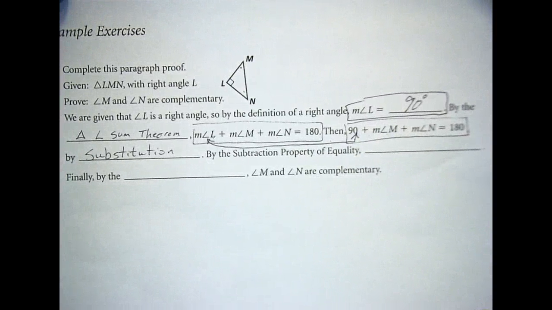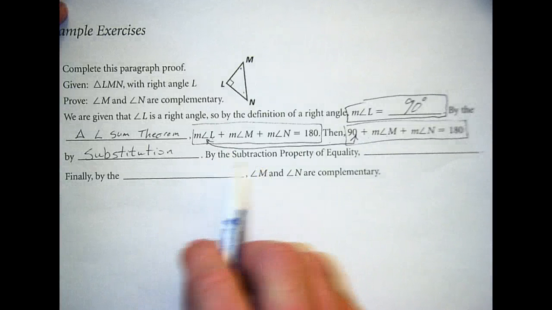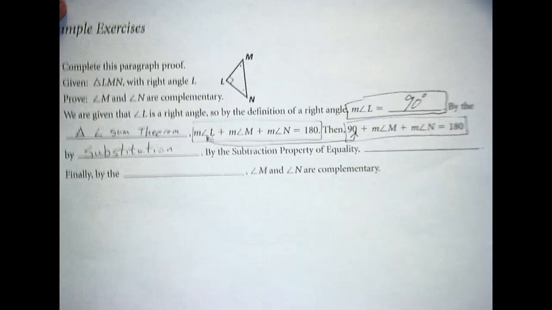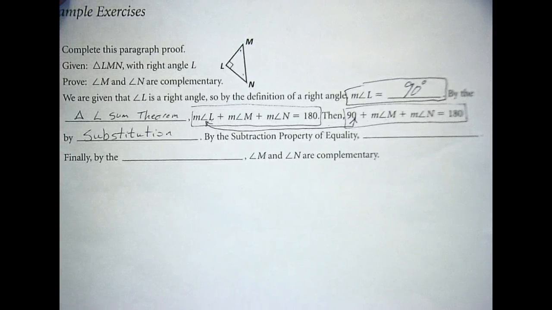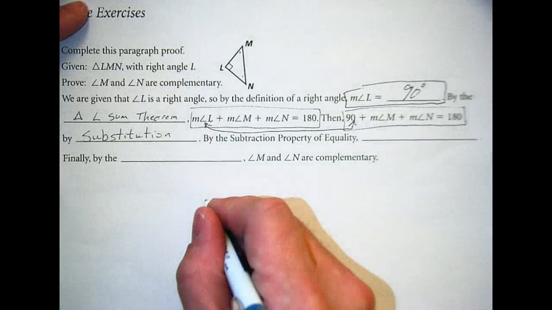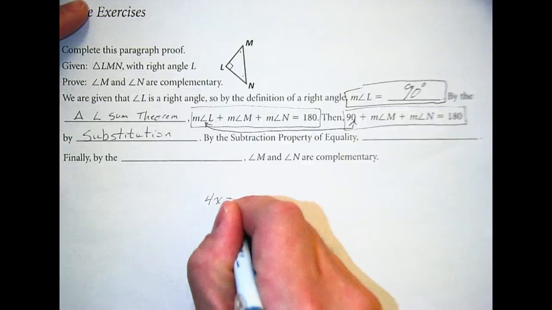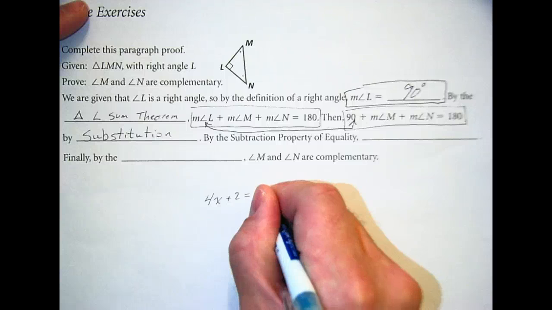Did anyone get substitution there? Good. By the subtraction property of equality. How many know what the subtraction property of equality is? I will tell you, you've used that property a lot. Let's say, for instance, if you had 4x plus 2 equals 14.